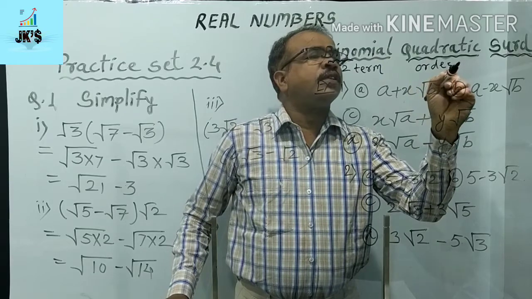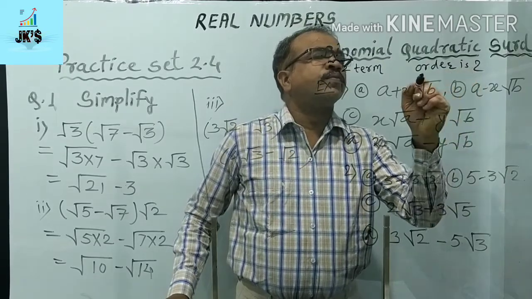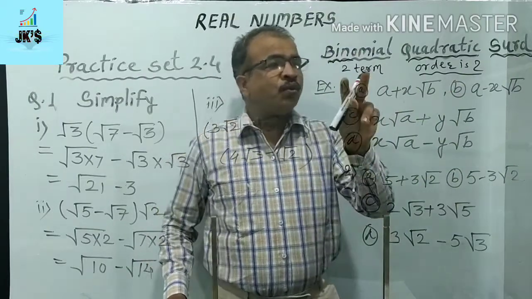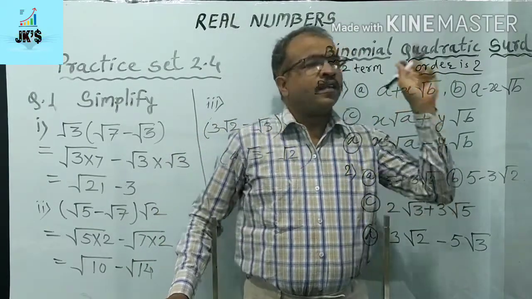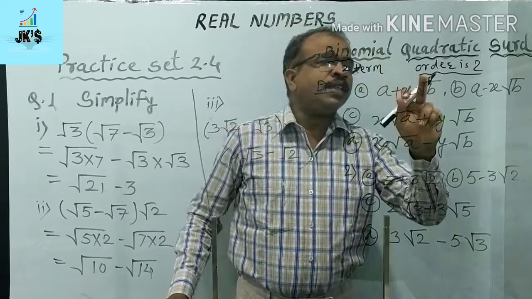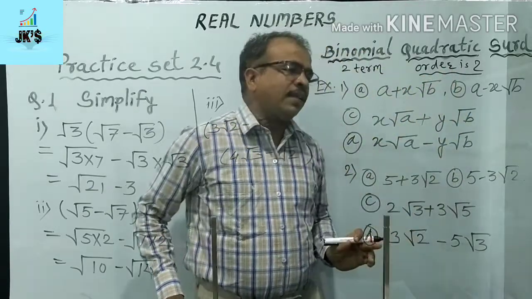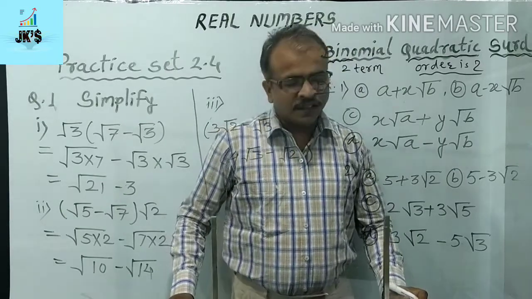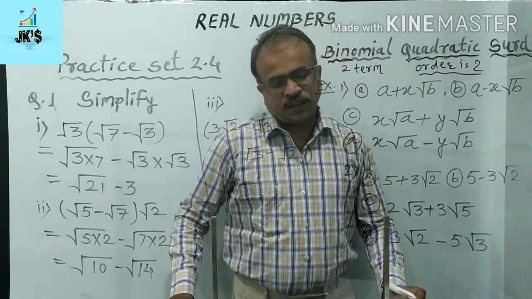Its order is two, and that is the surd having two terms and the order of that surd is 2, then it is known as the binomial quadratic surd in our words.